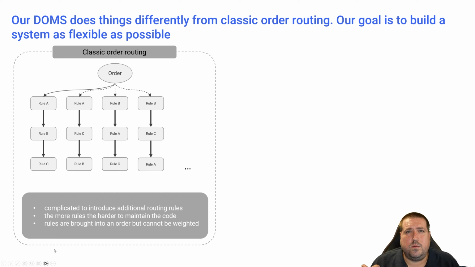We wanted to create the most flexible distribution logic that is currently on the market, and therefore we stepped away a little bit from the old ways of doing that, like the classical process-driven order routing systems, like you see here. It's a big process that is going through a lot of decisions that are made in the way of if that, then that.